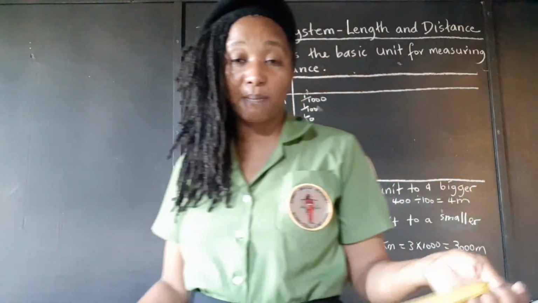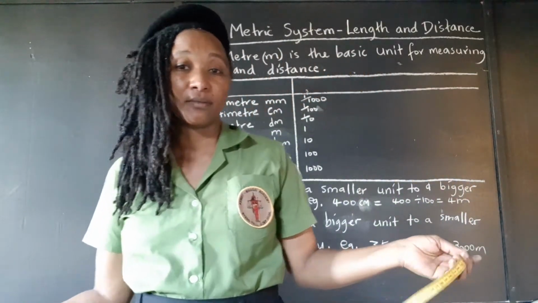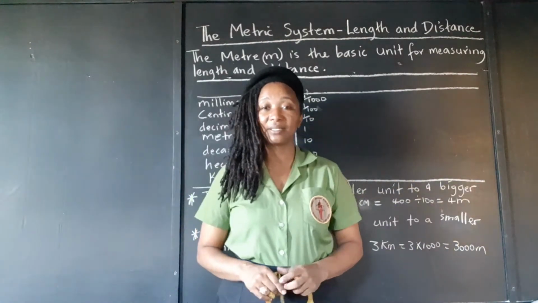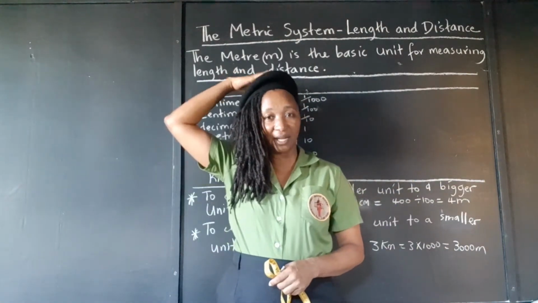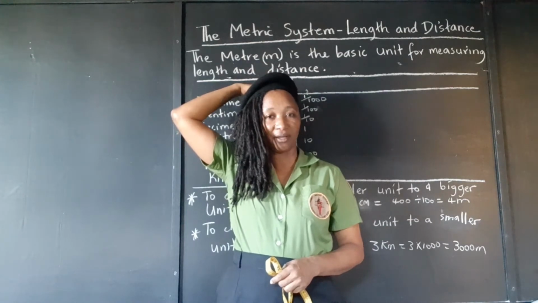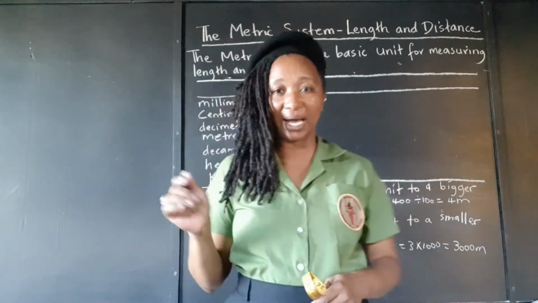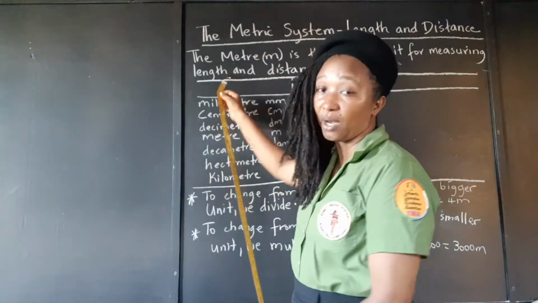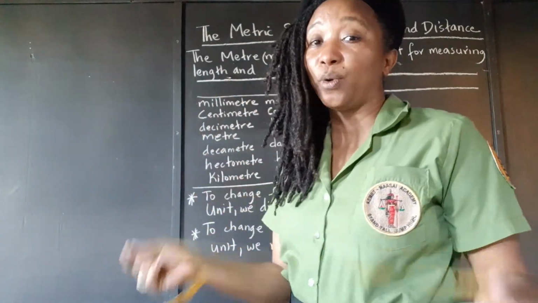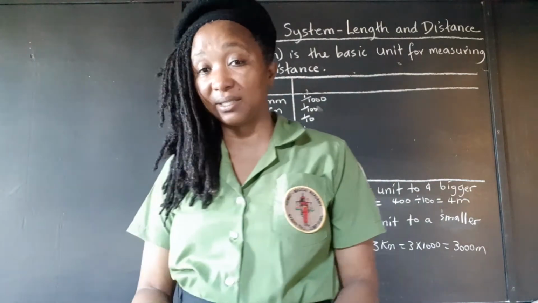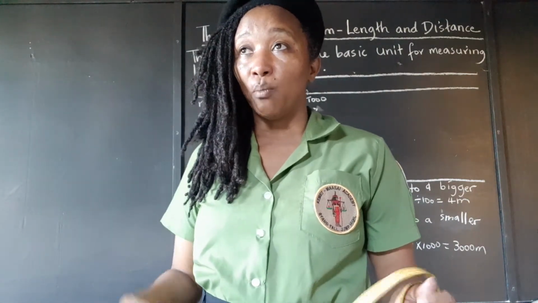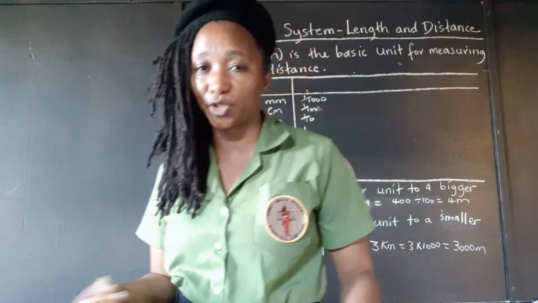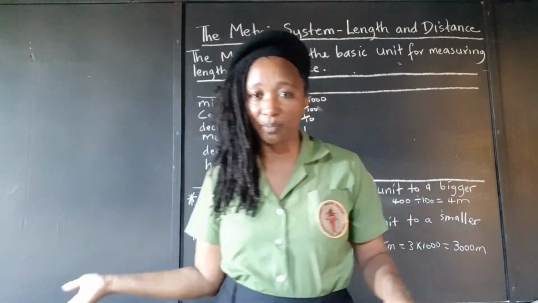If I'm measuring myself, again, I could just put myself up against a surface and ask someone to mark my height, and then I would use the measuring tape and I would get my measurement. I could express it in meters. More than likely I would get a decimal or a mixed number, 1 point something.